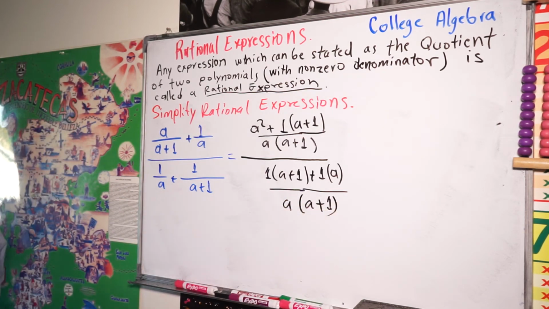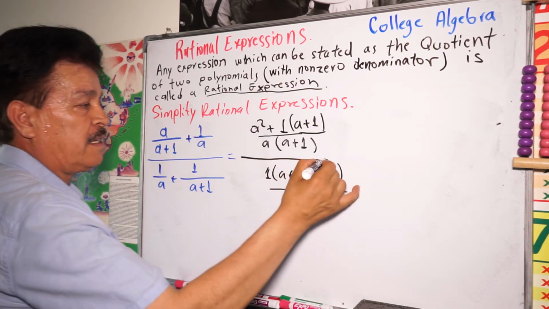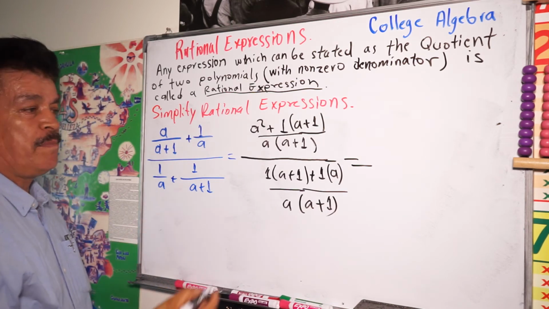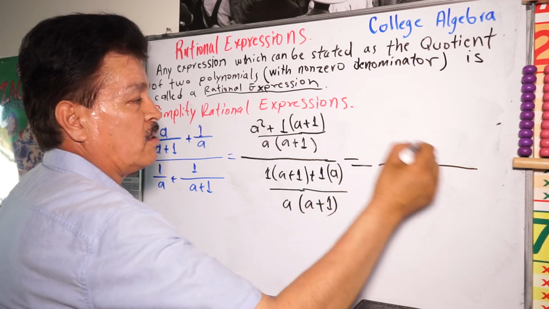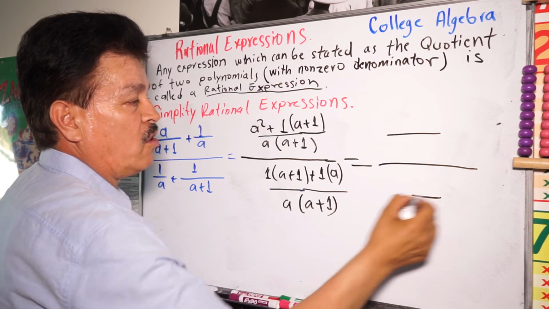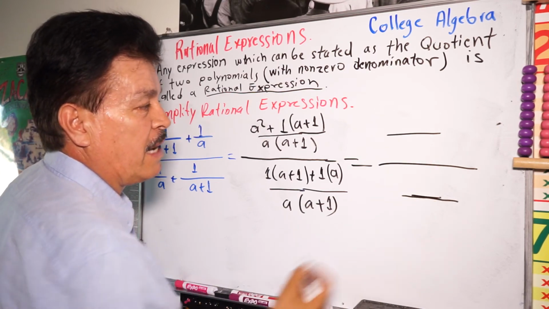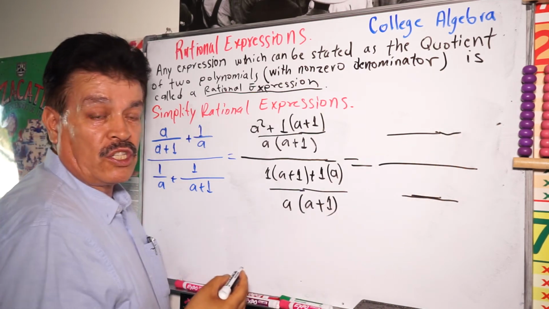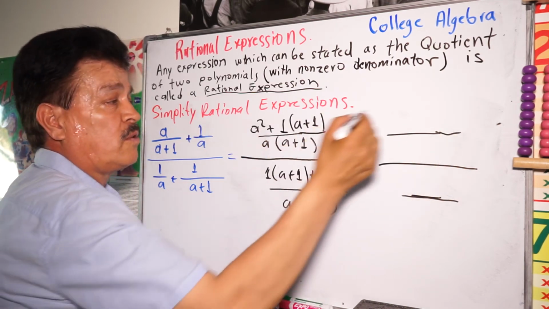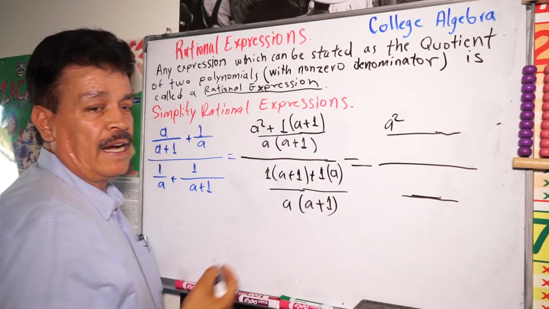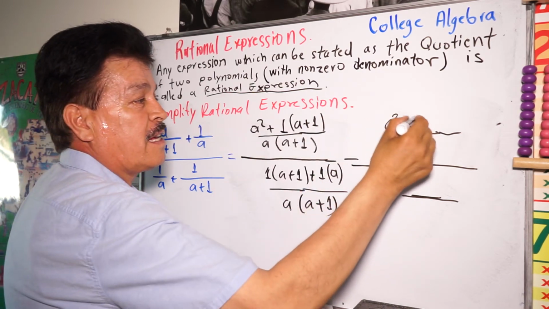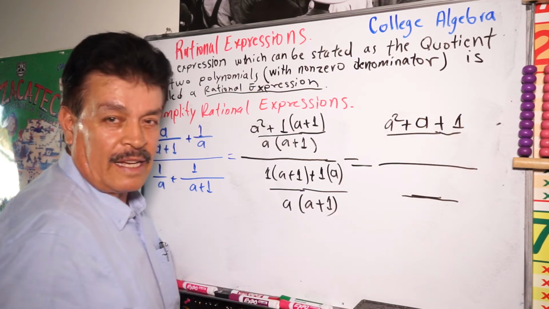Yeah, like that. Then equals, try to simplify. Just remember, you have one rational number on top and one rational number at the bottom. On top, it's going to be a squared plus a plus 1.